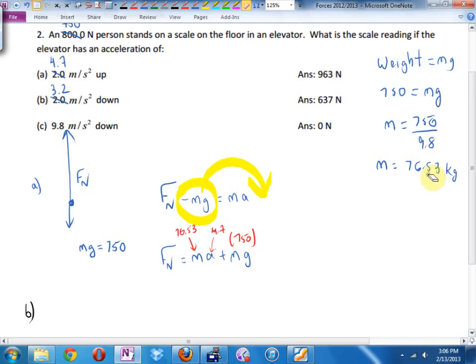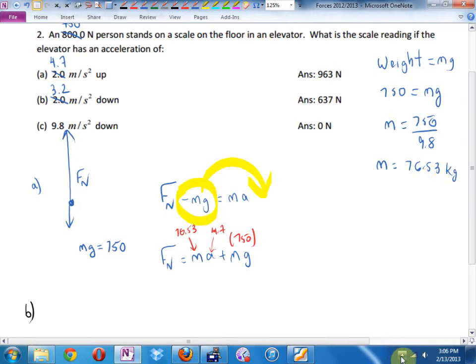I did mine a different way too. On the original question, I said 800 divided by 9.8 times 2.5, and it was 163, and the answer is 963, so 800 plus 163.